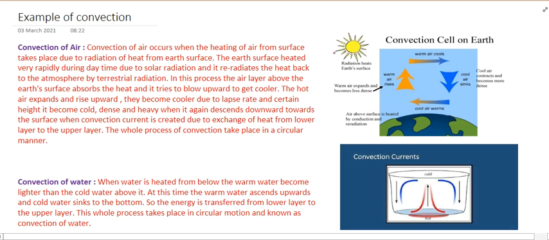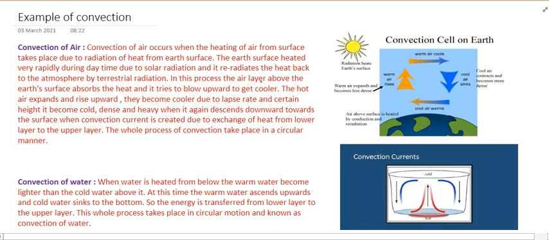Convection of air. Air is also convected during the heating of the surface during daytime. Convection of air occurs when the heating of air from the surface takes place due to radiation of heat from Earth's surface. The Earth's surface is heated very rapidly during daytime due to solar radiation and it re-radiates the heat back to the atmosphere by terrestrial radiation.